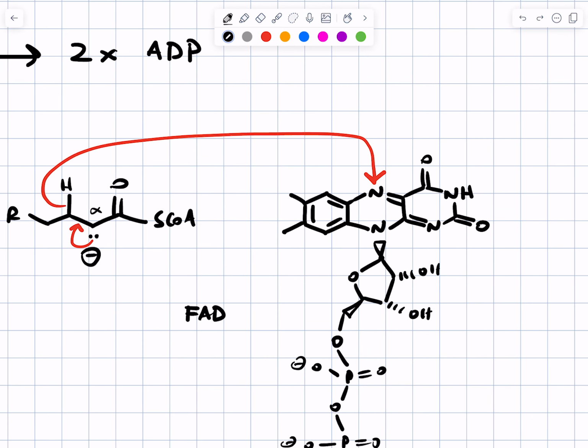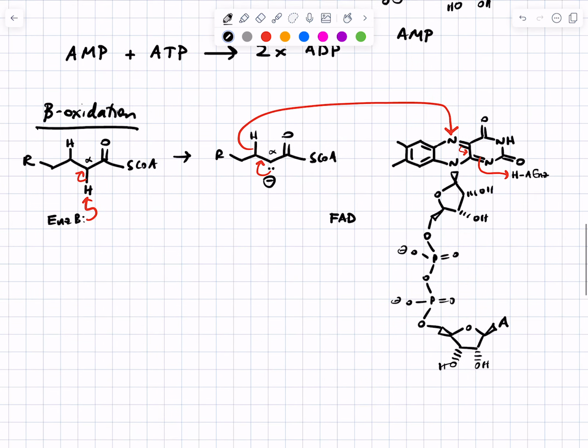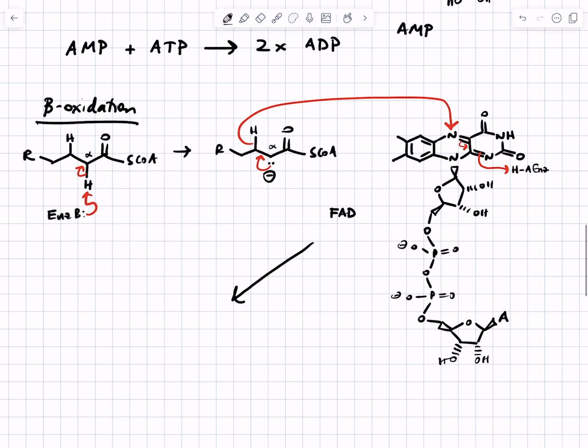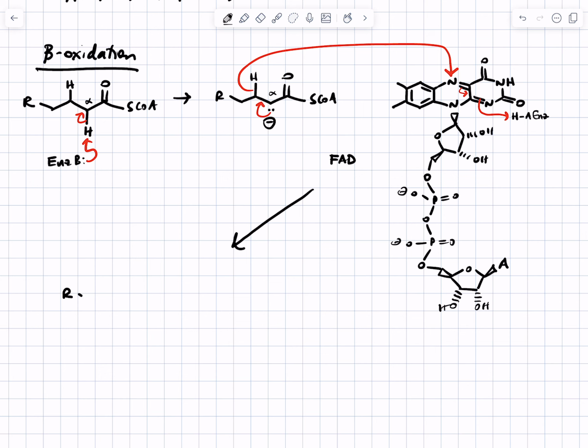When it does, electrons are going to kick down here to form a pi bond, and then this nitrogen is actually going to pick up a proton, probably from some acidic group on the enzyme. The product of that reduction step is going to be our oxidized thioester.